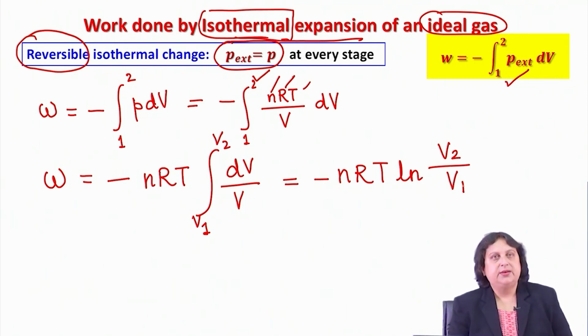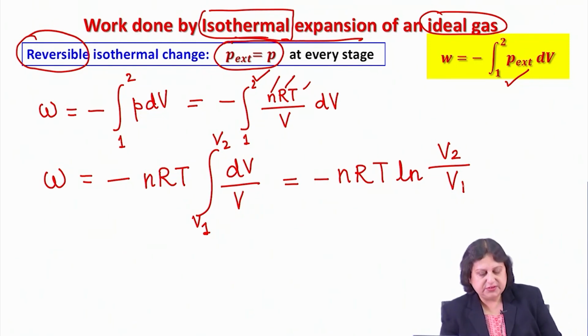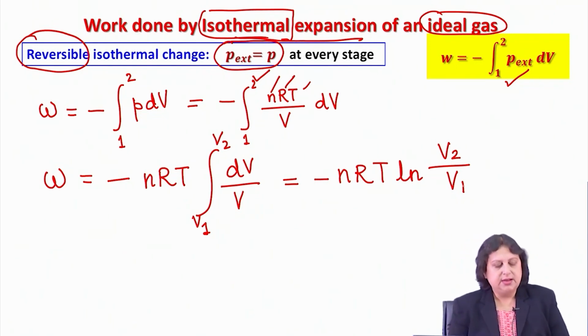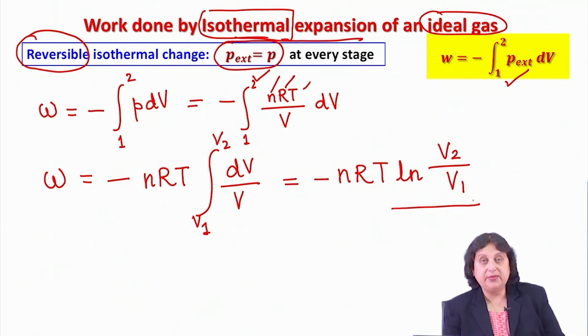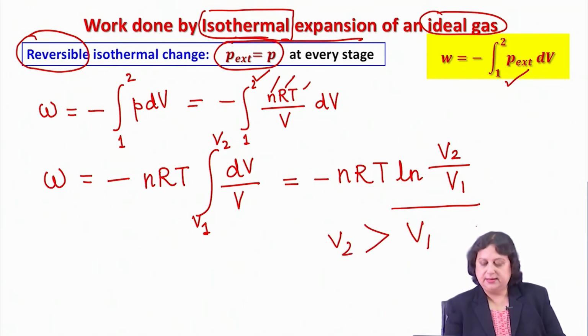I think this is very simple mathematics that all of you know about. So what is my observation here? My observation here is as follows. First, since W is dependent on ln V2 by V1, if there is an expansion, V2 is greater than V1 and then W is less than 0.